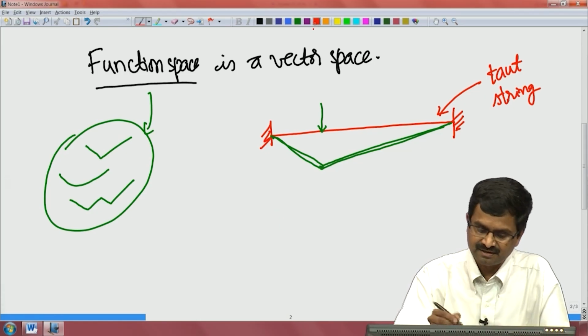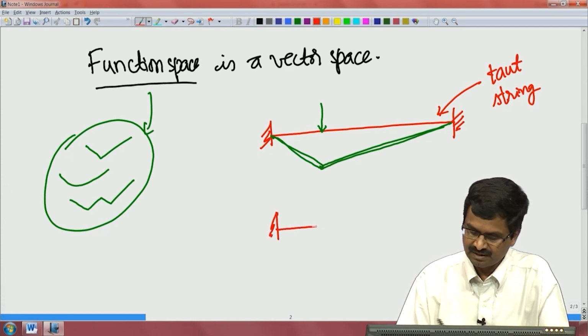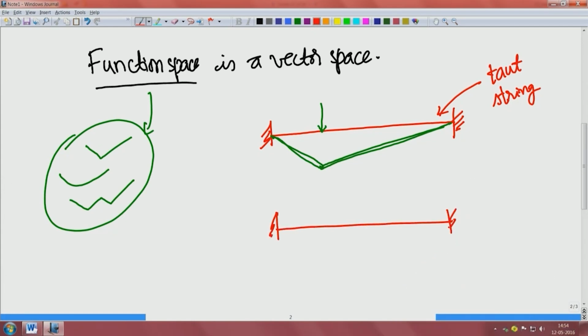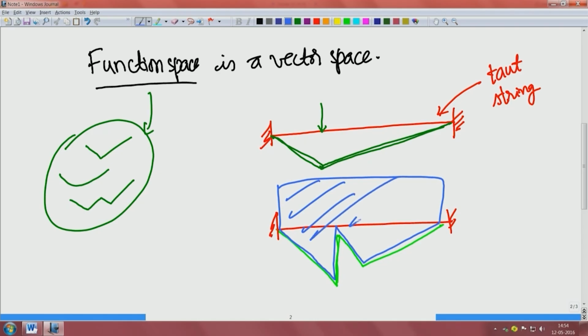So, let us just take an example. If I get something like this here, which is really discontinuous over there, how do I do that? I have to take a wedge of a form like this. Imagine that I have a wooden block like this from that side, and then another wooden block of matching profile.